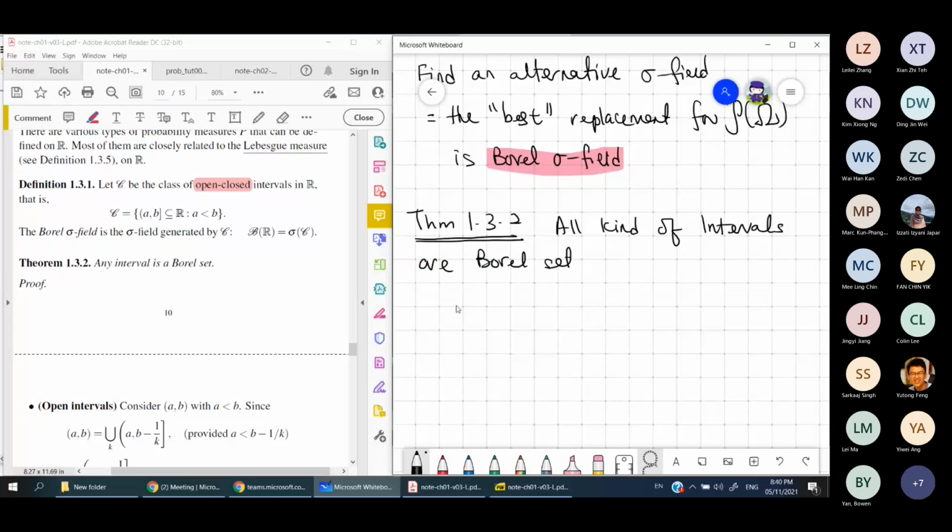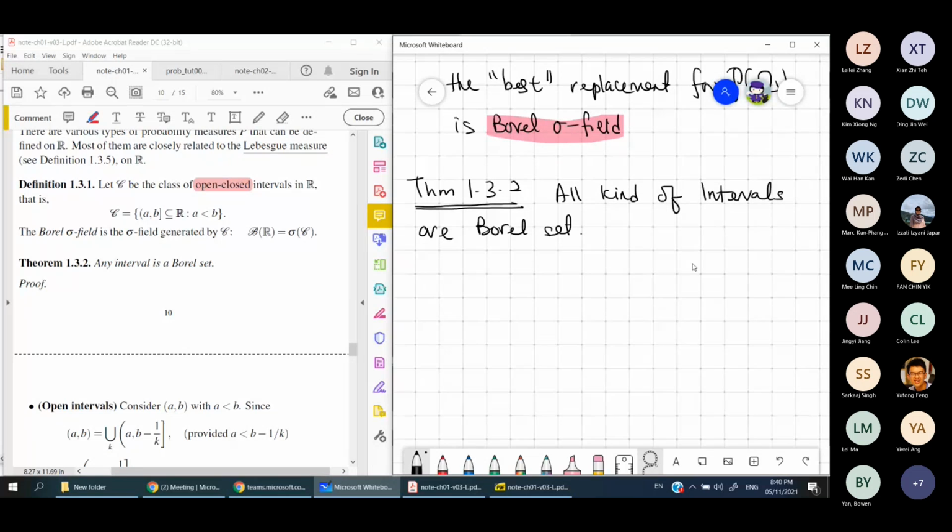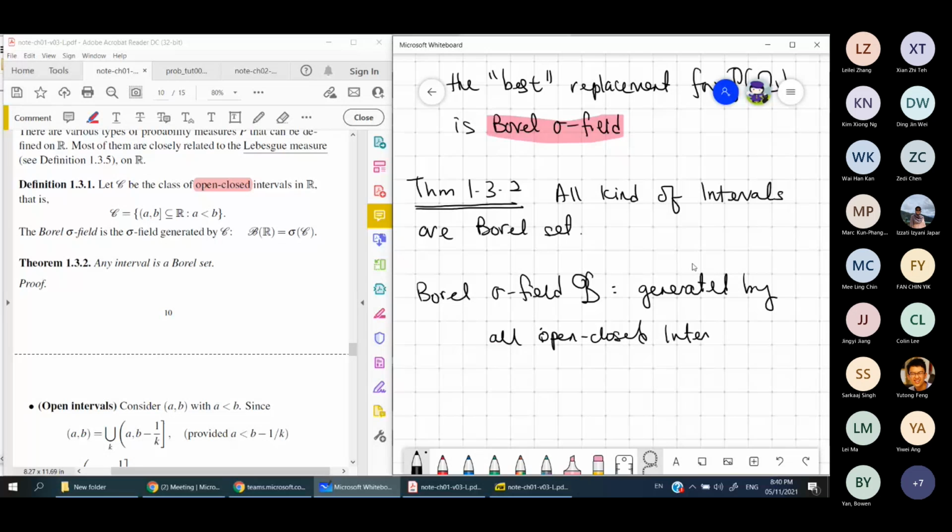Borel set means the elements of this. Just to let you know, this Borel sigma field, we use the symbol B, is the one generated by all the so-called open-closed intervals in the form (a, b]. So this is what we so-called Borel sigma field.